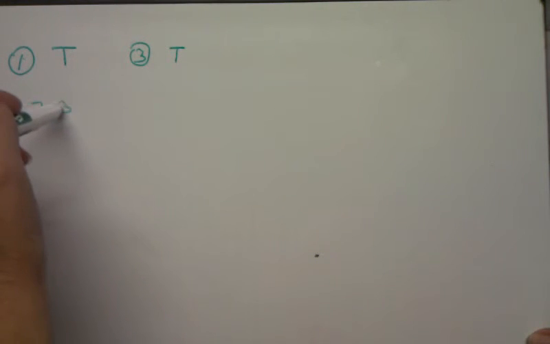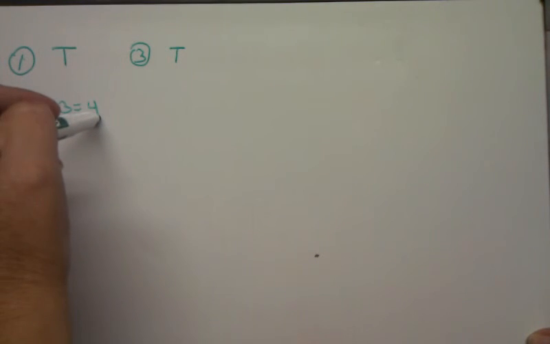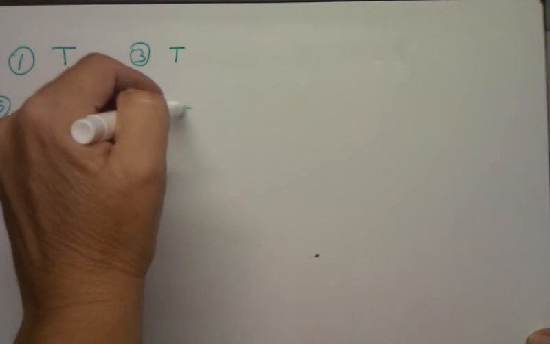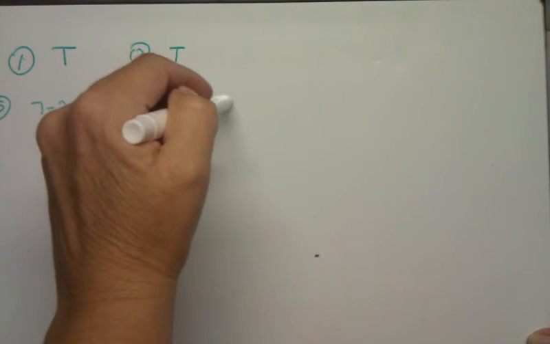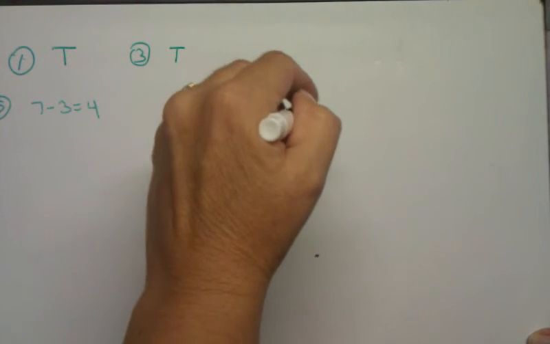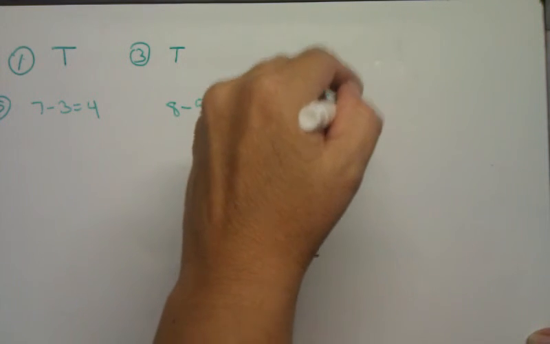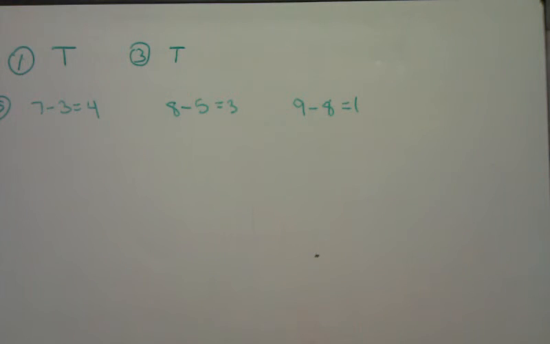So let's say that I have, okay, this is number 5. This is what I have. I have 7 minus 3 equals 4. 8 minus 5 equals 3. 9 minus 8 equals 1. Alright.